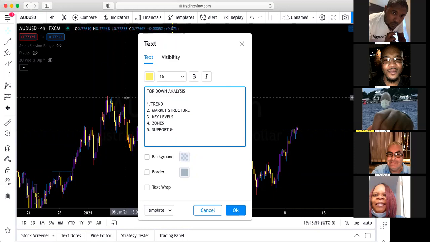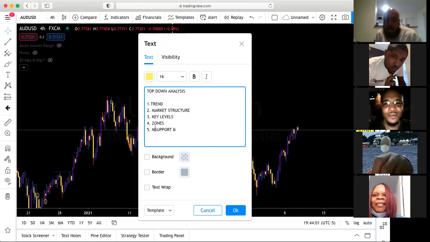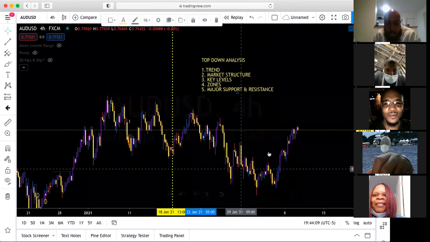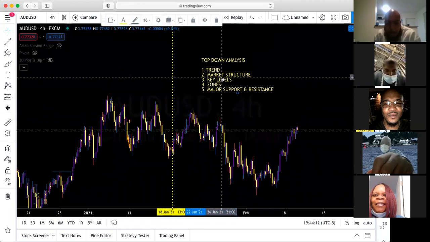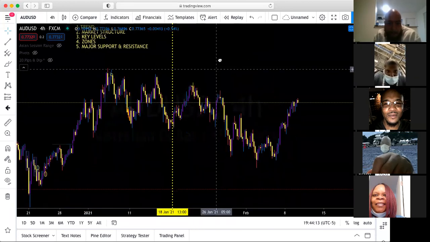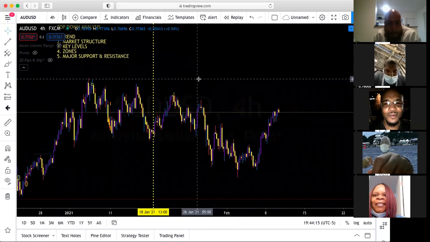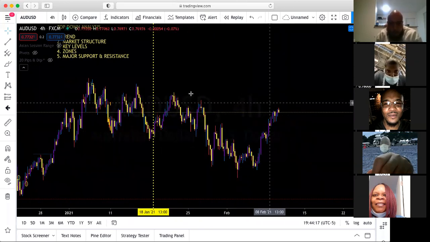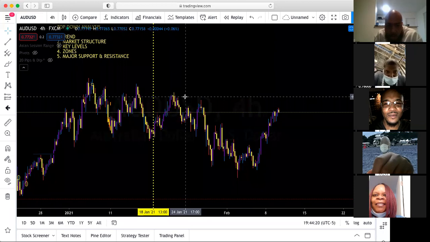But I want to say major support and resistance, right? Now, look at this. I'm on a 4-hour chart, so we're going with the TDA. And look at that W. What type of market are we in right now?